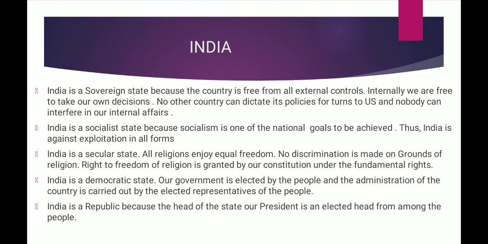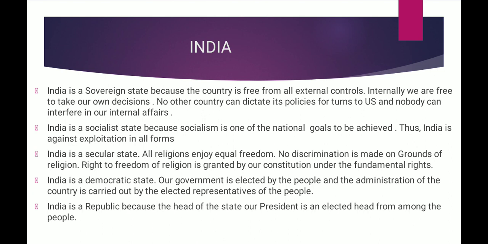Before this class, we have discussed the basic features of our Constitution. The basic features are the unique Constitution, the lengthiest Constitution, written Constitution, a rigid and a flexible Constitution, and the procedures of amendment of the Indian Constitution.